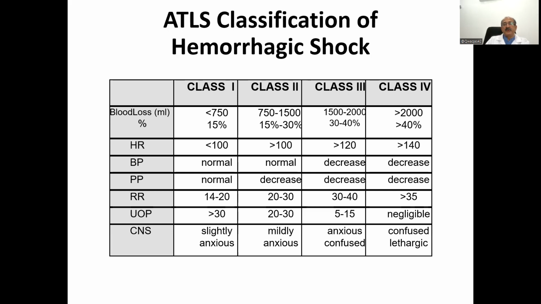Urine output in class 3 we can have, but very low, 5 to 15. But in class 4 this is negligible. And anxious and confused in class 3; confused, lethargic, and sometimes unconscious in class 4. So keeping all these things in mind, we can manage the patient.